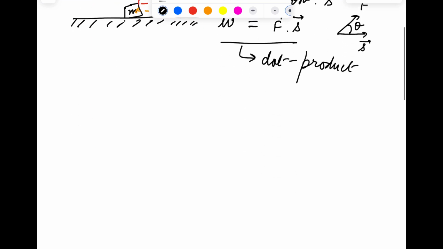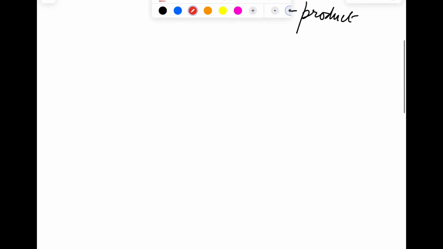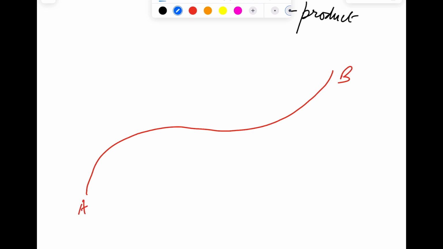Now let's consider a more generic case of a particle that's moved along this line. Let's consider the time at which the particle is at this position P, and say the force acting on the particle is F in this direction, which is making an angle of theta with the displacement vector at that point P. So this would be the displacement vector ds.